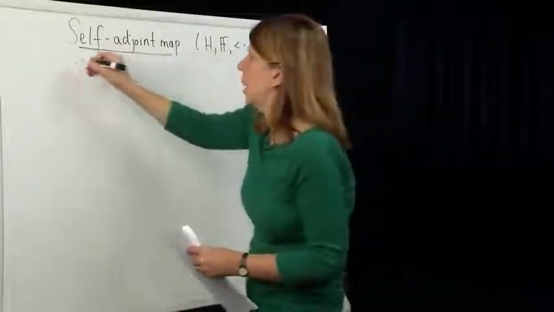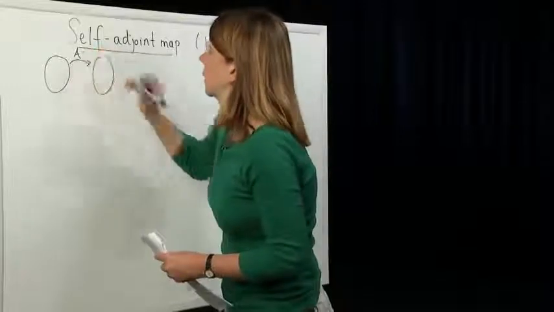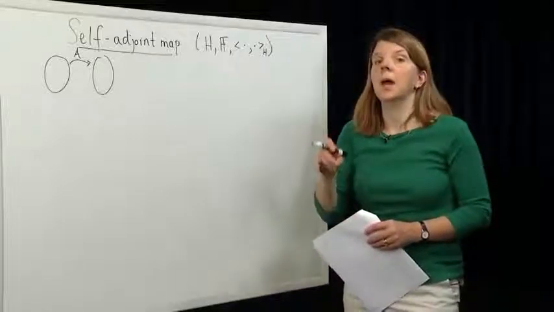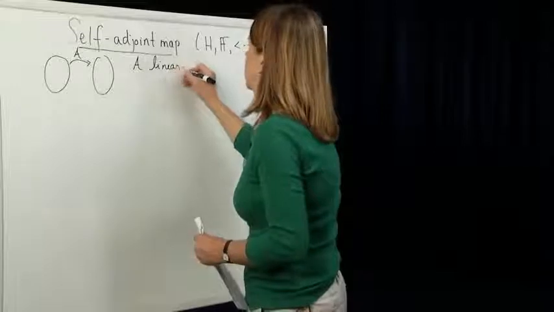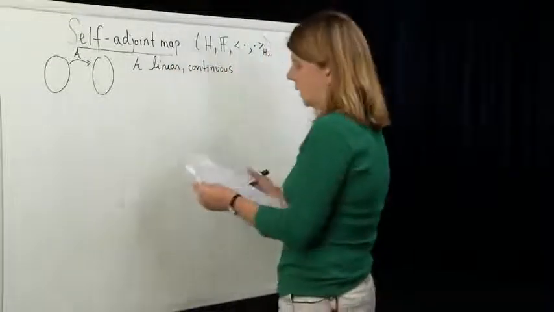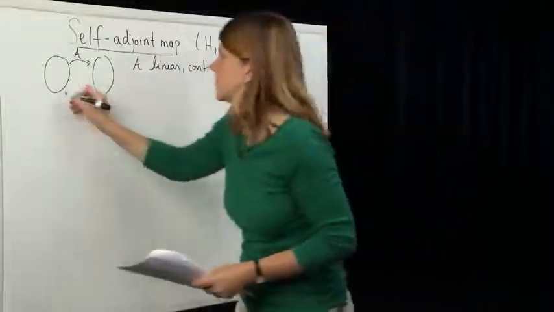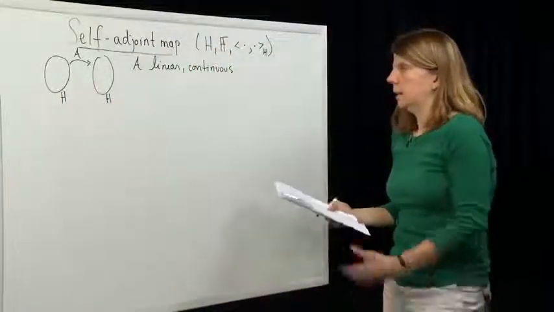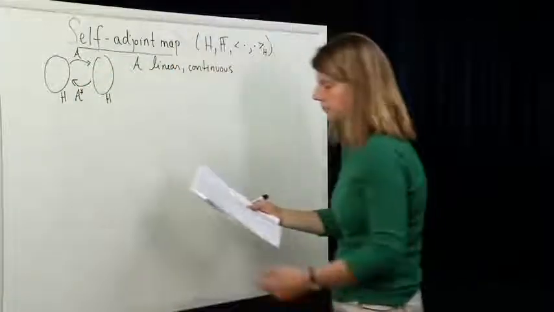And we'll be operating using a linear map A. So A is a map which is linear and continuous. In this case, A is going to be mapping H back to itself, so it's mapping from H to H. And its adjoint, A star, is mapping from H to H.